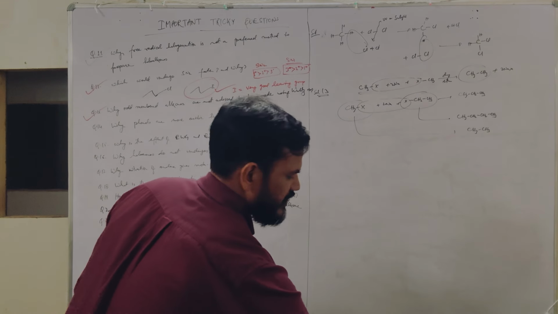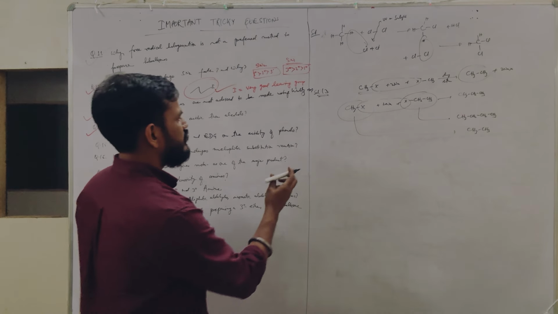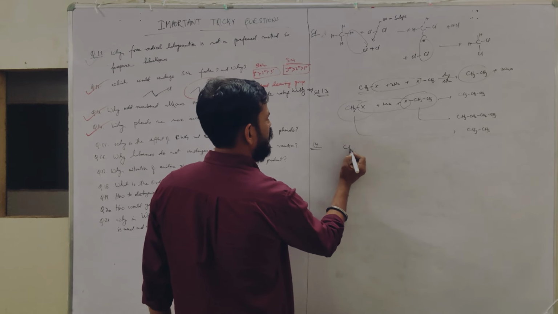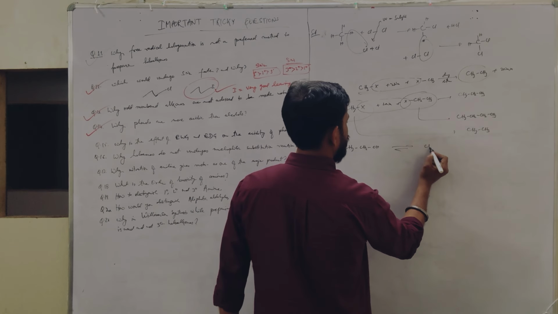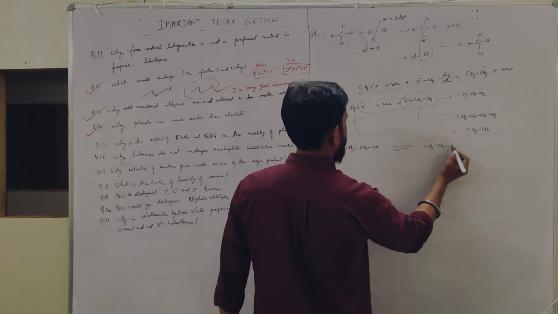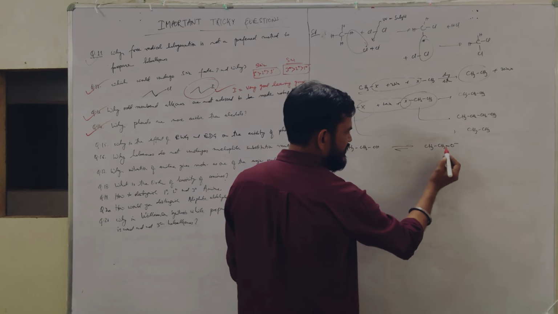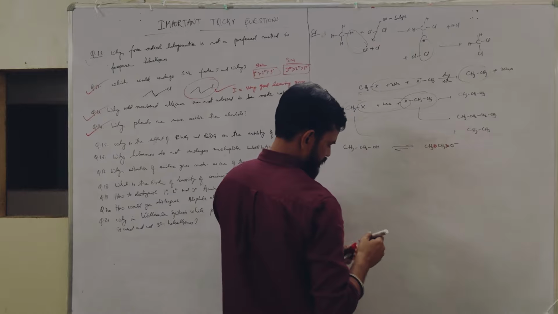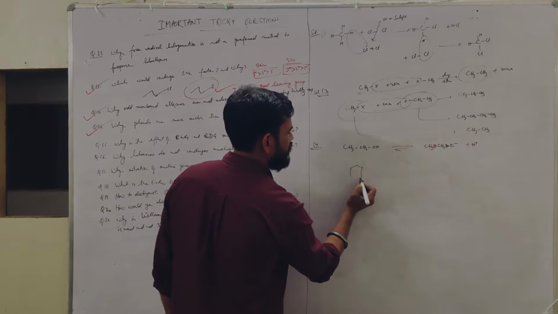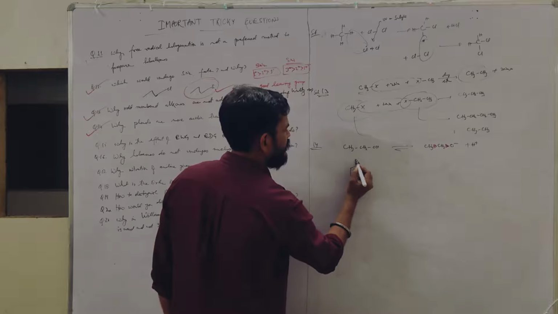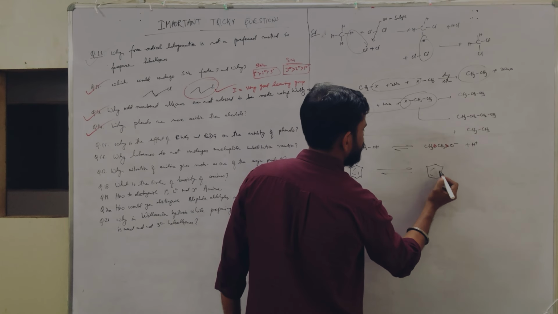Now we move to the next question, guys, and this is why phenols are more acidic than alcohols. Alcohols, when they dissociate, form the alkoxide ion, and this alkoxide ion is destabilized by the inductive effect, whereas phenols, when they dissociate, form the phenoxide ion.